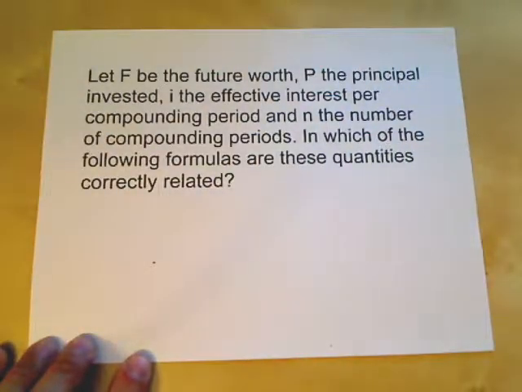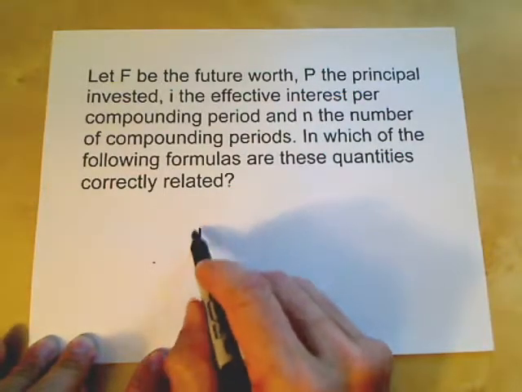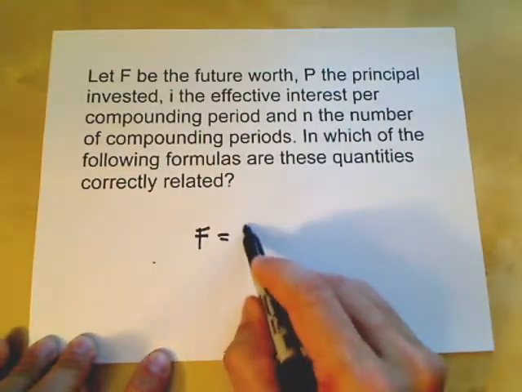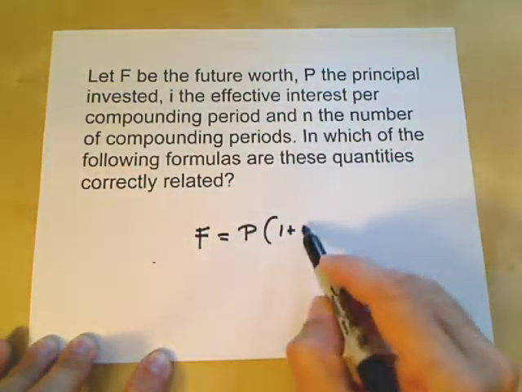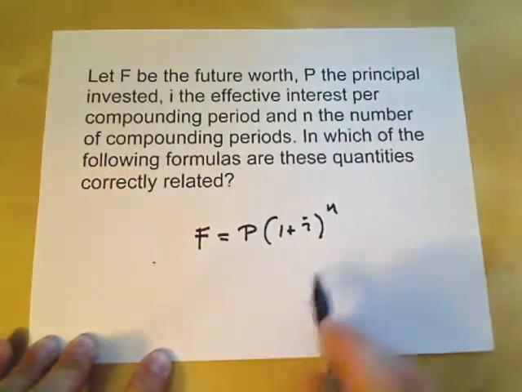Just a couple more. Let F be the future worth, we knew that. P be the principal invested, I the effective interest rate, we knew all that, and n the number of compounding periods. In which of the following formulas are these quantities correctly related? If you have been paying attention, then you know the formula looks like this.